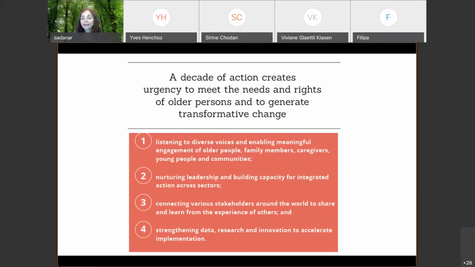And of course, we want to strengthen data, research, and innovation. That's part of what we are all interested in, but we want to steer that in a way. Our interest is that there is applied work, and that it can actually accelerate implementation and scale up of activities.